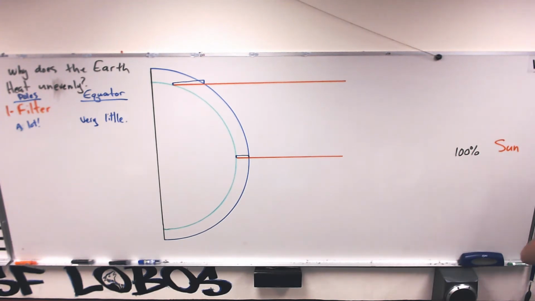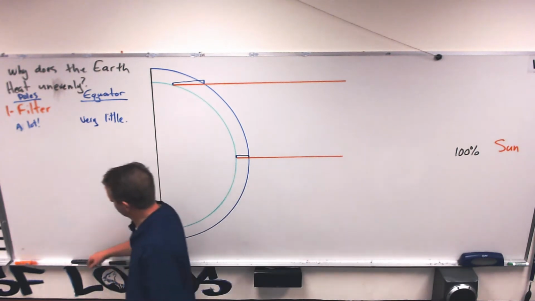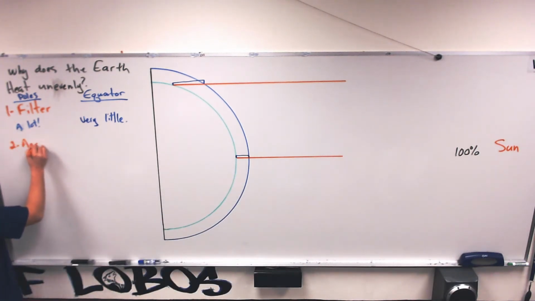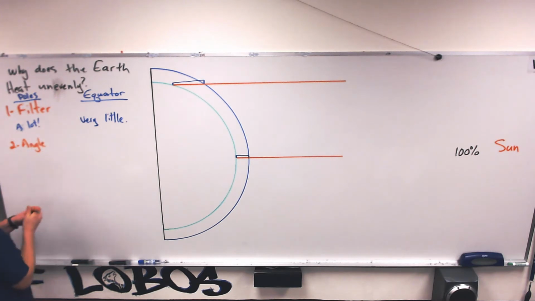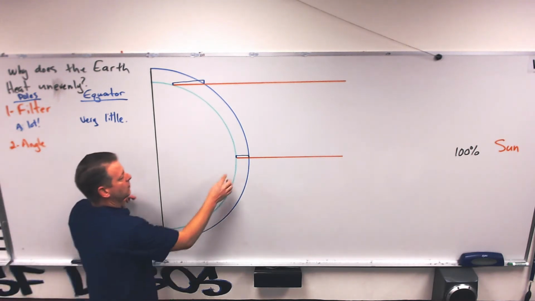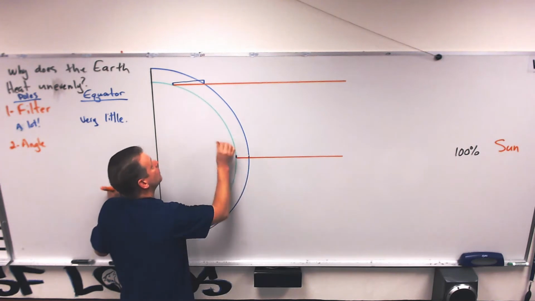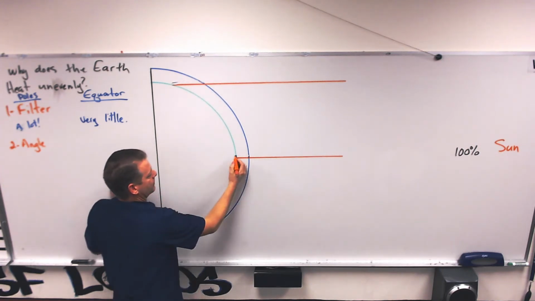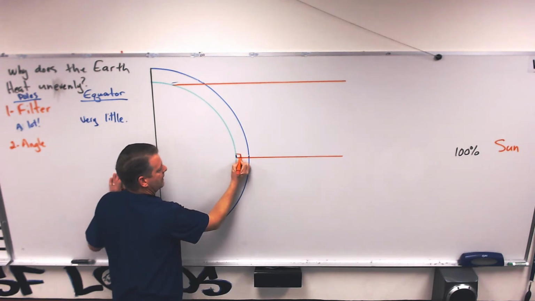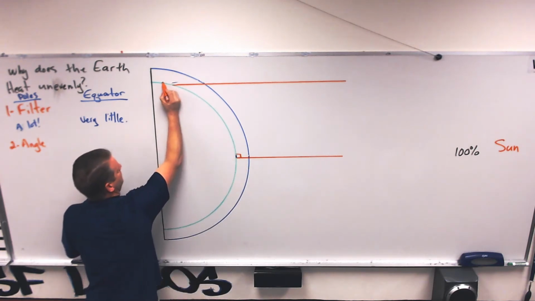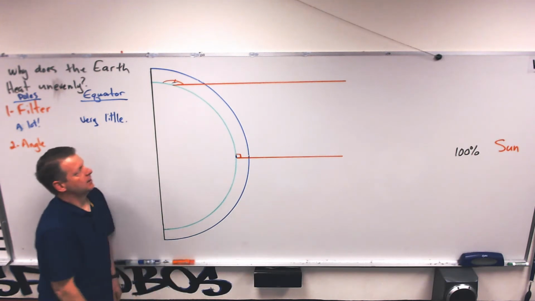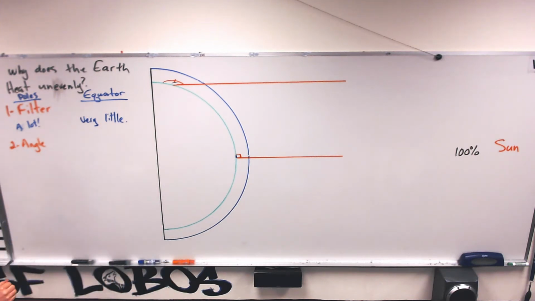Now another thing that we want to look at here is angle. So right here, what would the angle look like versus up here? That's like a 90-degree angle. And this one is very shallow, right? It's a very low angle.